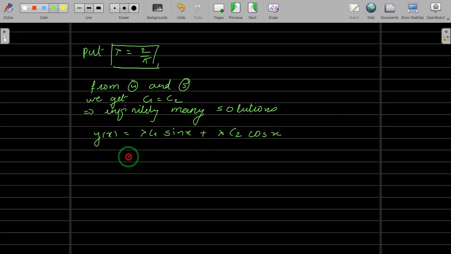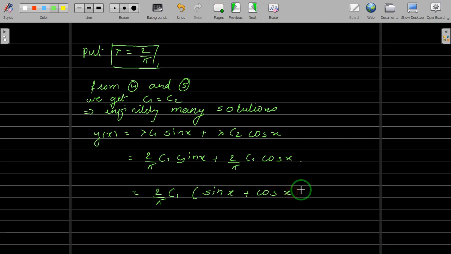Put the values: lambda is 2 upon pi, and C2 is nothing but C1. So in simple terms we can write 2 upon pi C1 times sin x plus cos x. For lambda equal to 2 by pi, this is your eigenfunction.